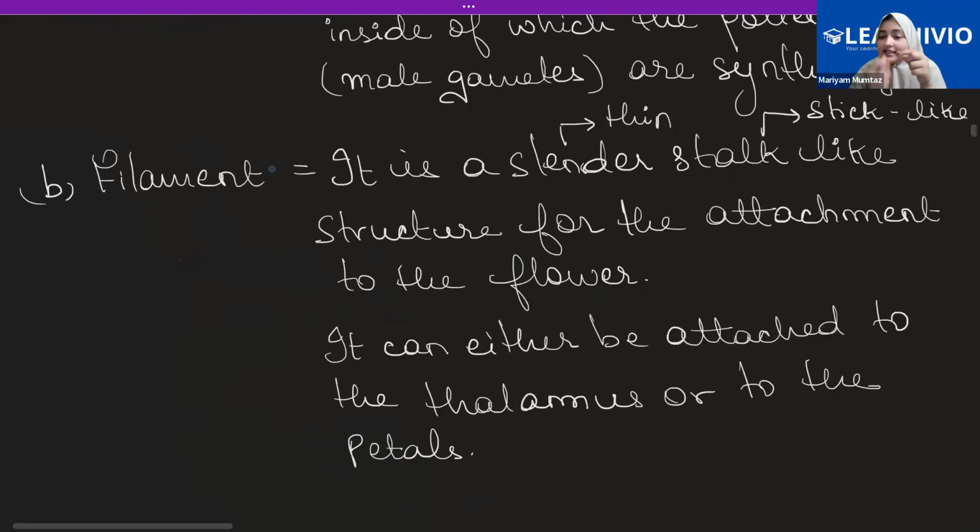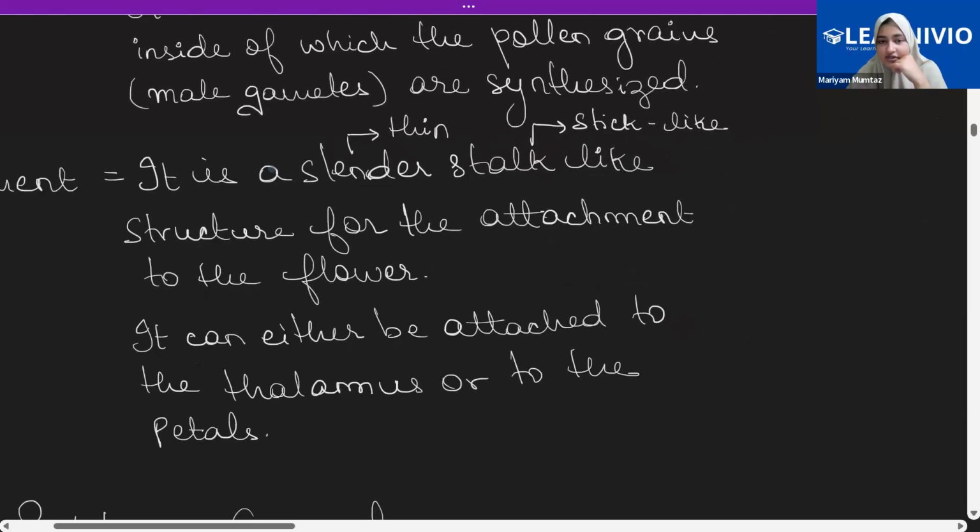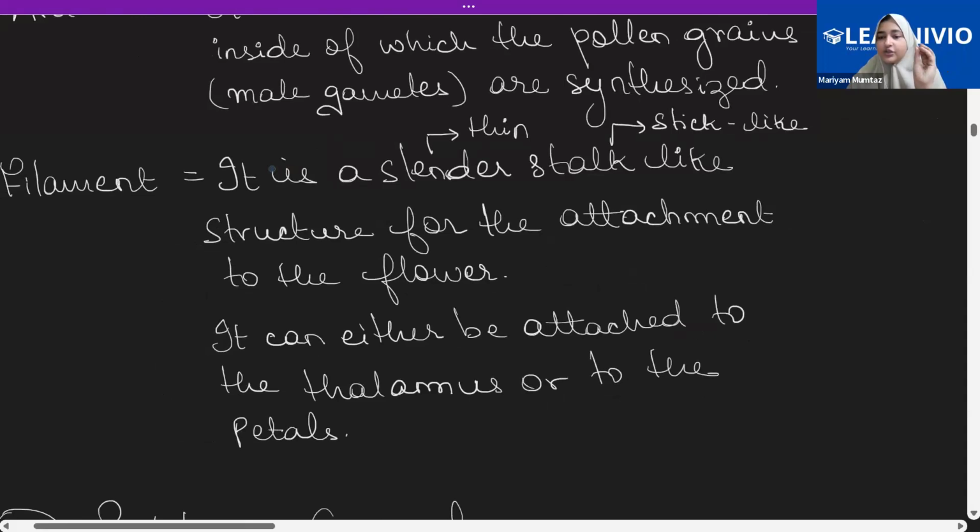It is a thin, stick-like portion that attaches the anther to the whole floral body, right? And this is the part where the anther is present. It is a slender, stalk-like structure for the attachment to the flower.